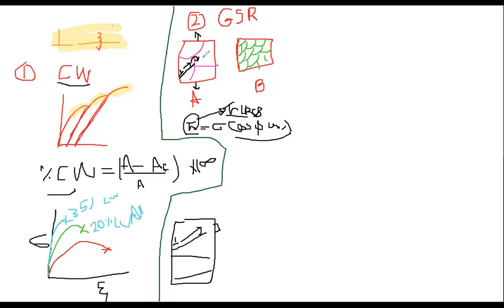Now, this grain over here, it has different planes, right? The plane that might be activated first could be, for example, with a different orientation. Let's say something like this, right? So now you need additional energy to cross the boundary.